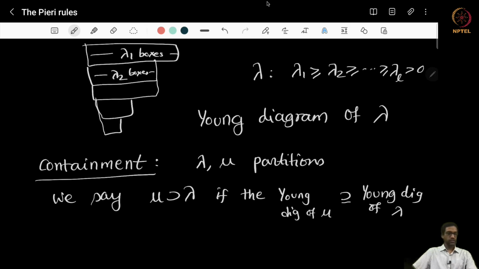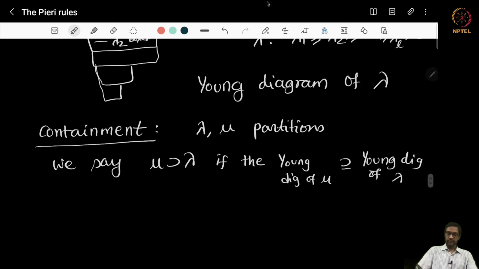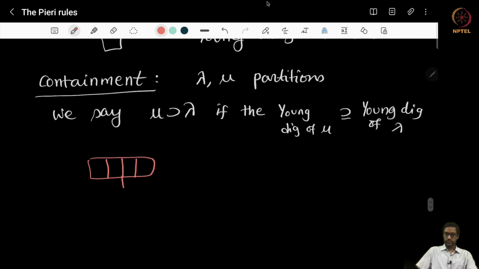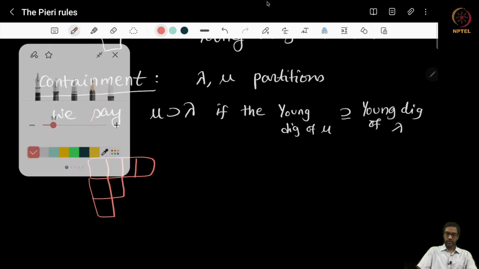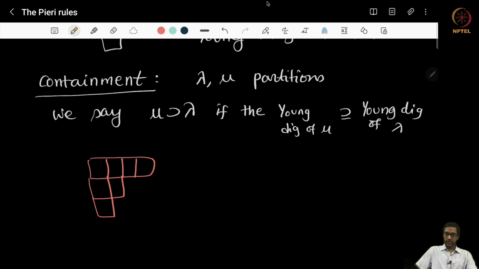In other words, what does it mean? Let's give an example. Suppose I take the following partition, 3, 2, 1. This contains the partition whose Young diagram is 2, 2, for example.